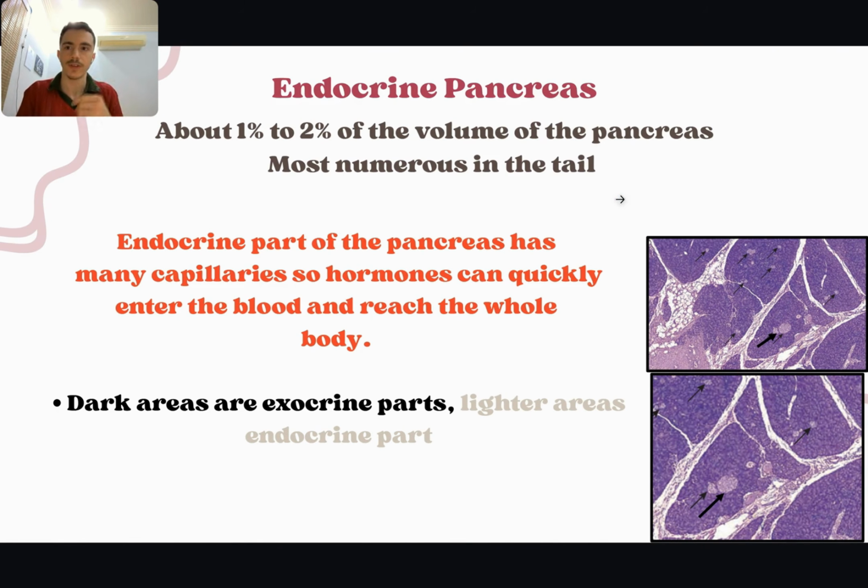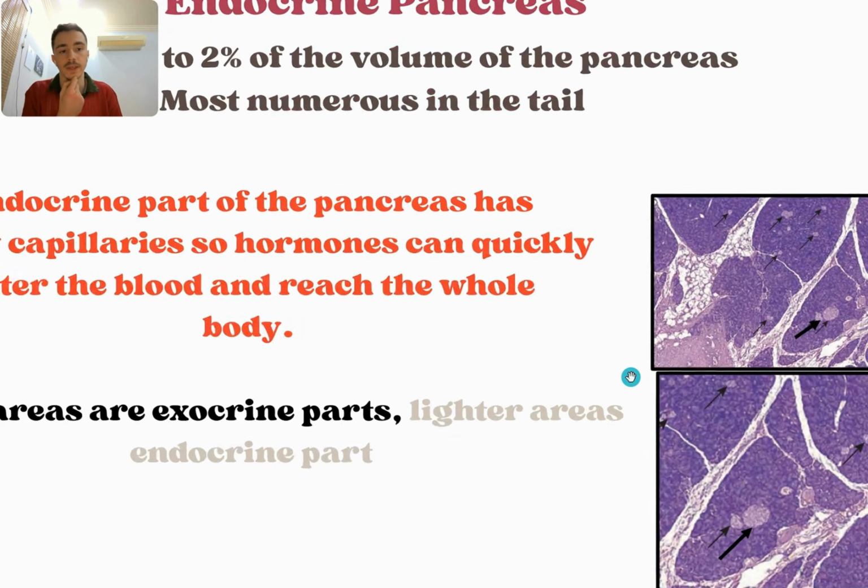Actually, there's 4, so Dr. Atef doesn't get upset: the neck, the tail, the body, and the head. The endocrine part of the pancreas has many capillaries, so the hormones can quickly enter the blood. So the endocrine has a lot of capillaries because it goes directly to the blood.